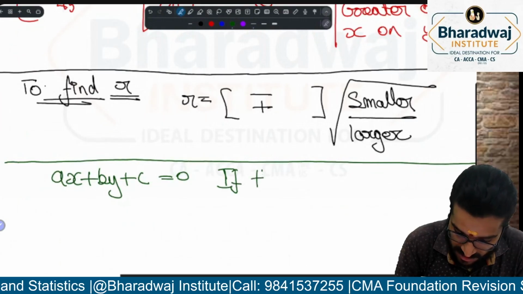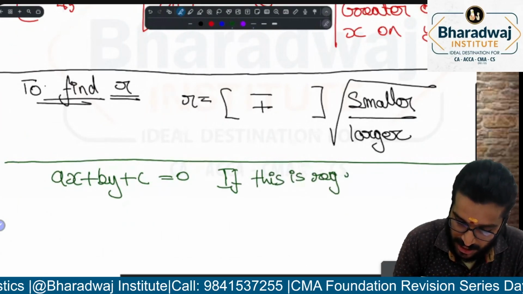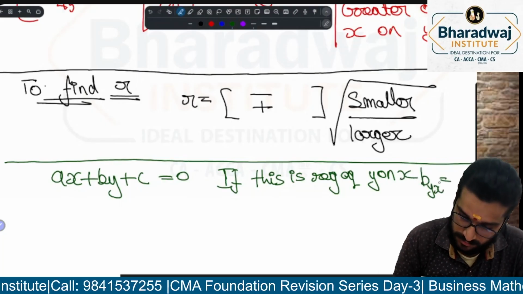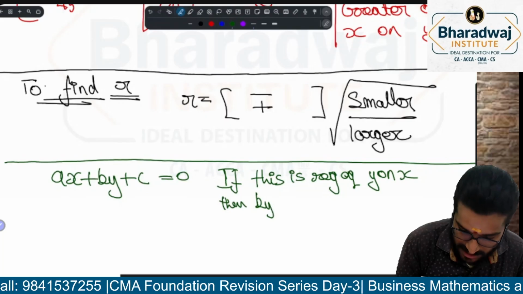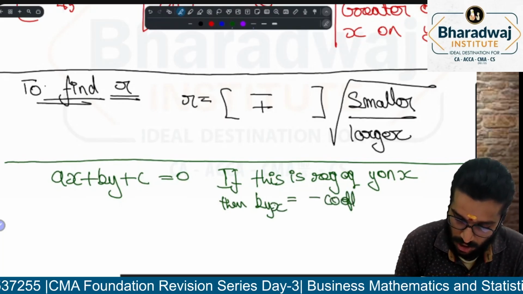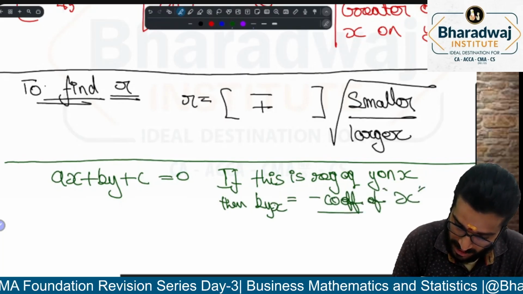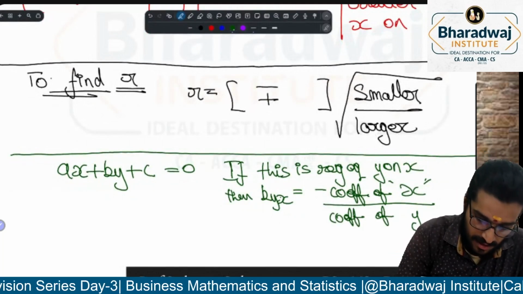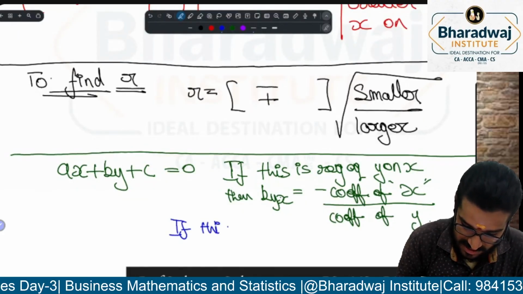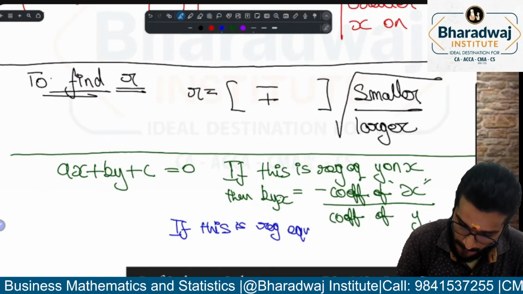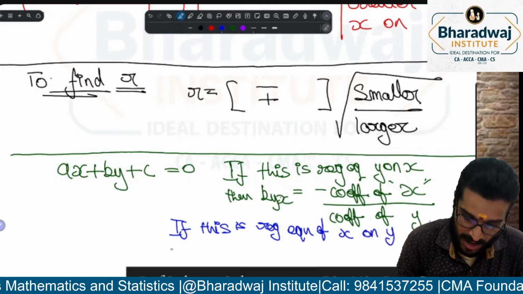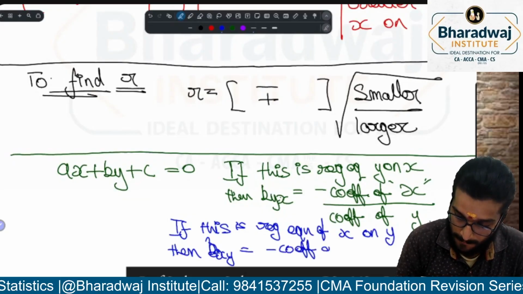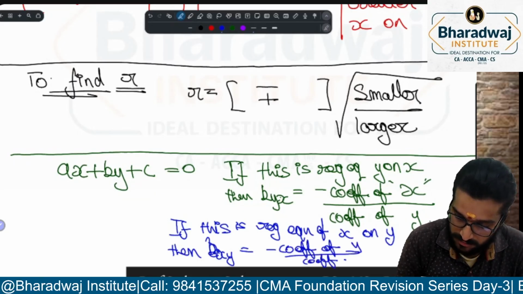If this is the regression equation of y on x, then byx is equal to minus coefficient of x divided by coefficient of y. Similarly, if this is the regression equation of x on y, then bxy is equal to minus coefficient of y divided by coefficient of x. That's it.